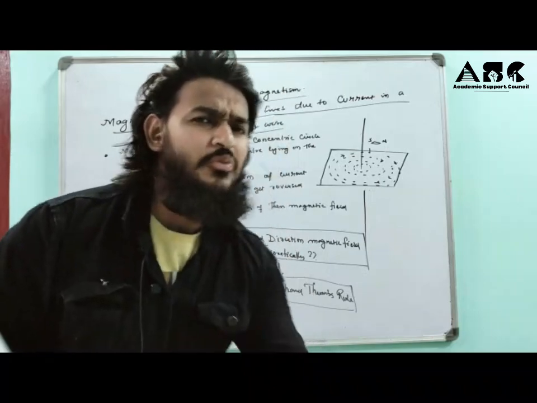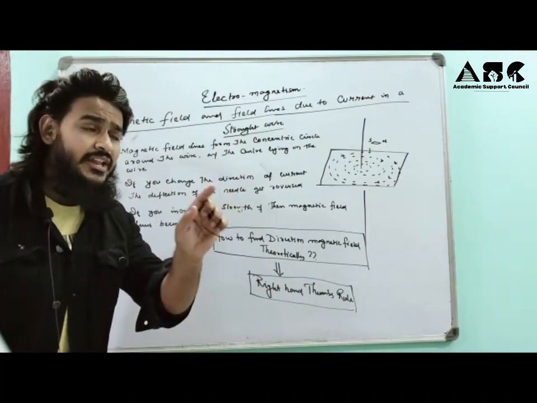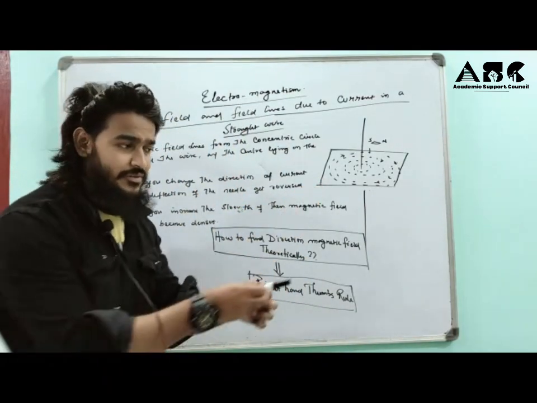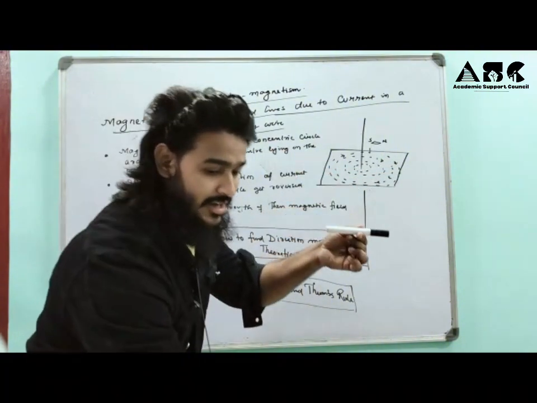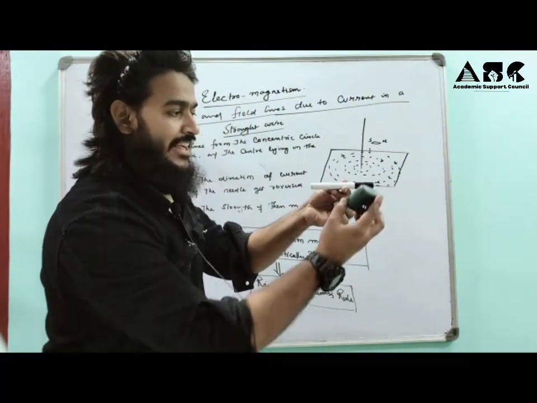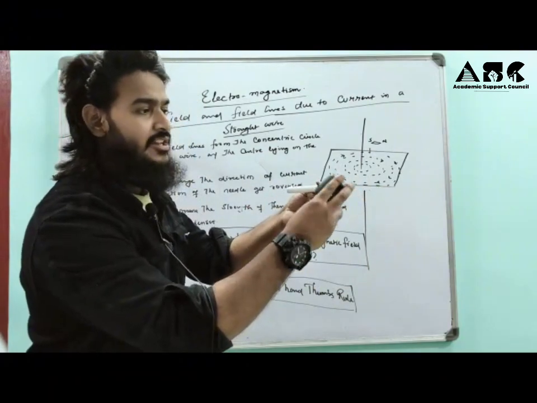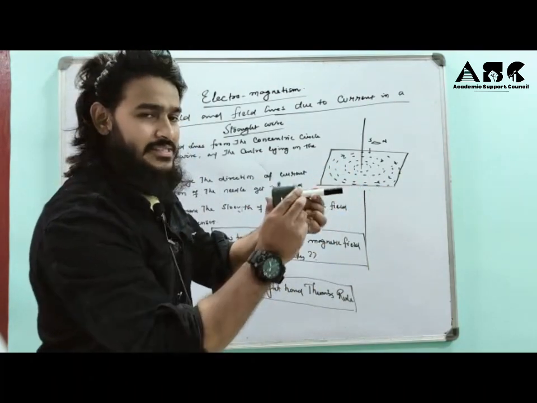But he found a unique thing. Suppose this one is a conductor, and when current is passing through this conductor and you place a magnetic needle, there is some deflection he noticed.